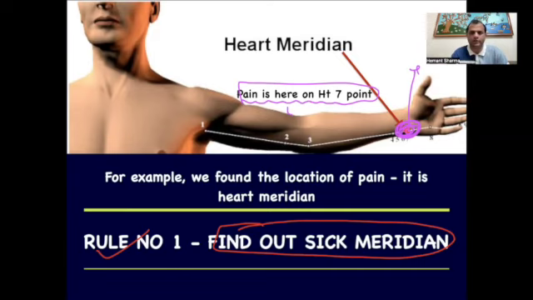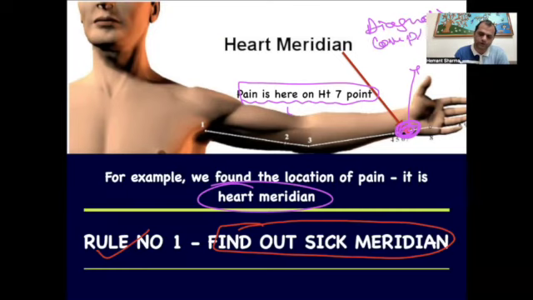The patient is telling you, I'm having pain here. Okay, this is the location of Heart 7. So now we found, wonderful. The patient is suffering with a pain in the heart meridian, diagnosis completed. Rule number 1 complete.